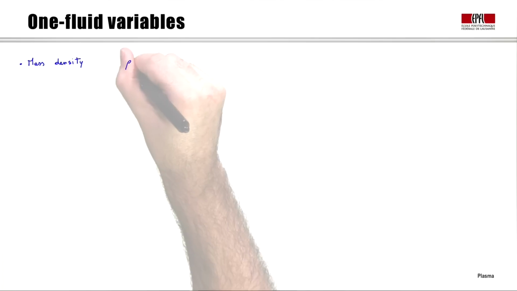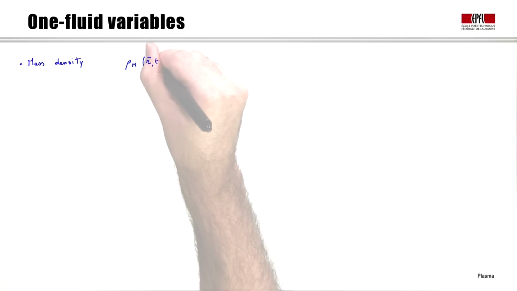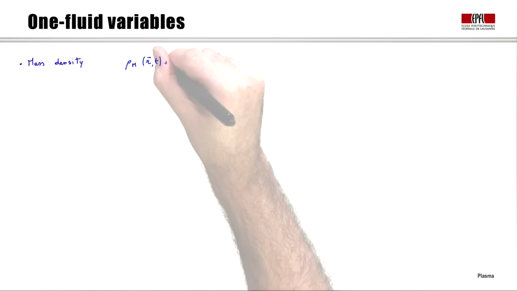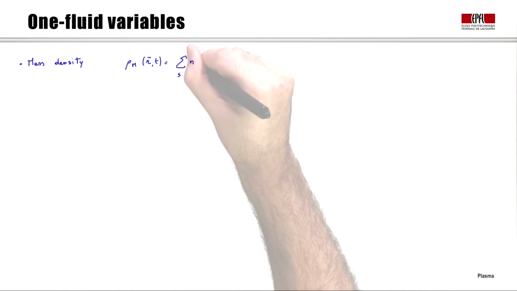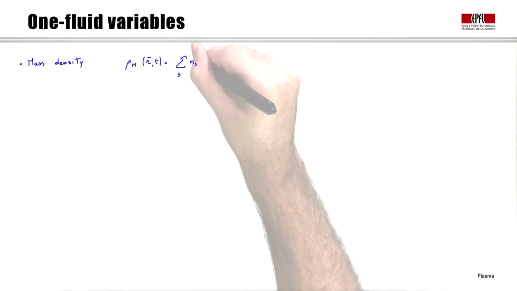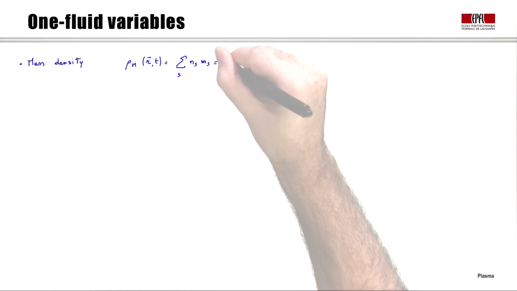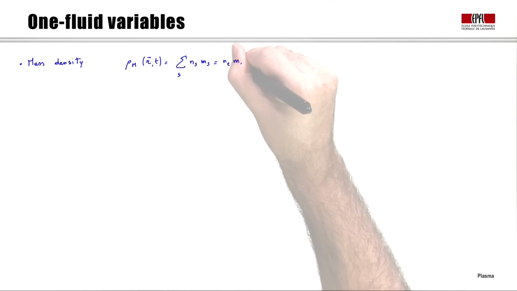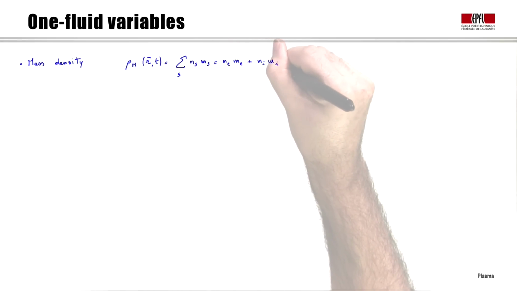We will denote it as rho capital M. It's a function of space and time, and will be given by the sum over all species of the density of each species times the mass. And if, for example, there is one single ion species in our model, this will be given by the sum of the electron contribution plus the ion contribution.